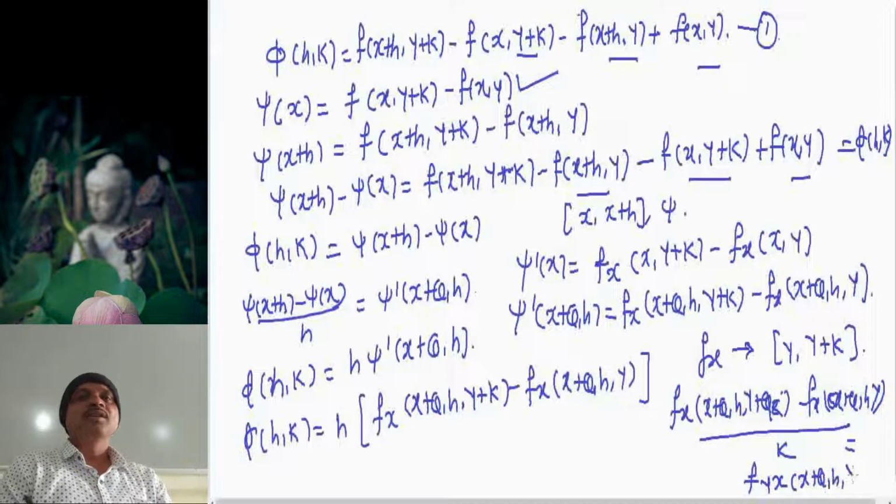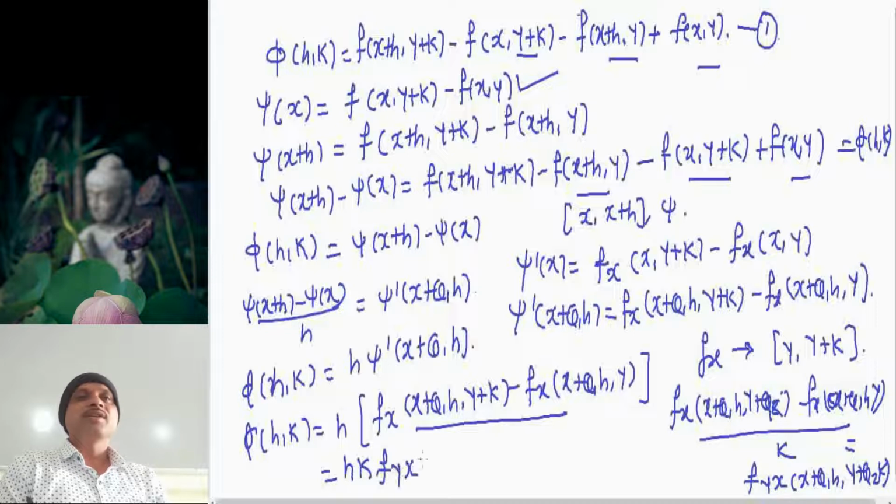So this term is nothing but, by Lagrange's mean value theorem, equal to h into k into f_yx at x plus theta 1 h, y plus theta 2 k.